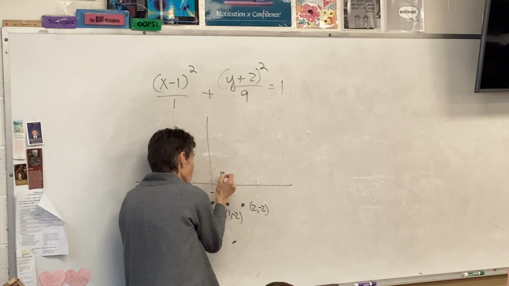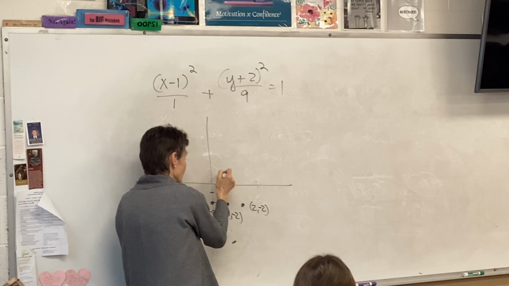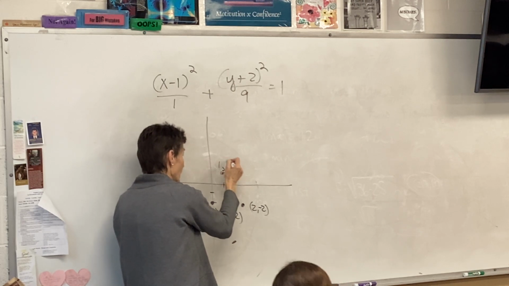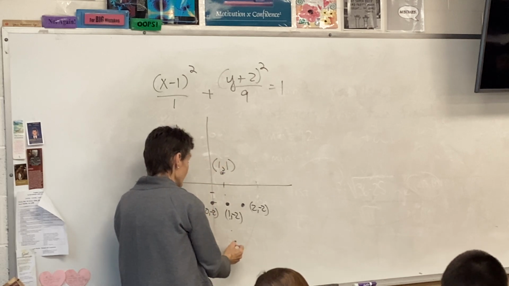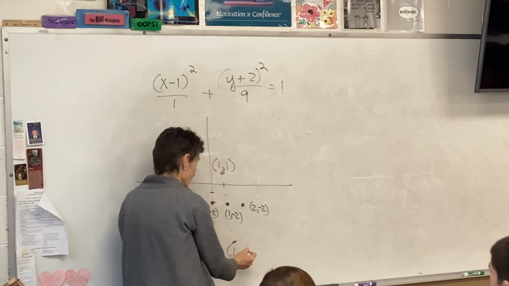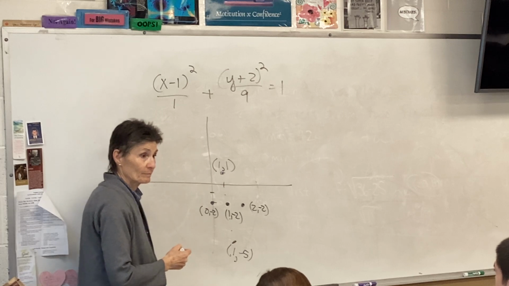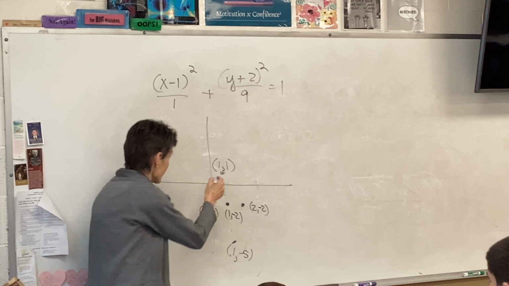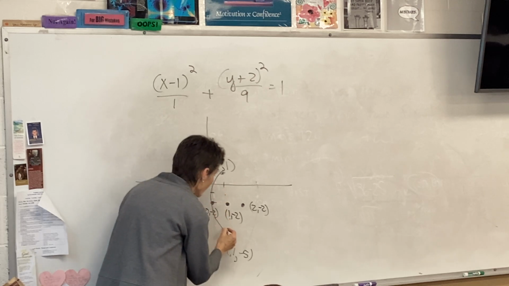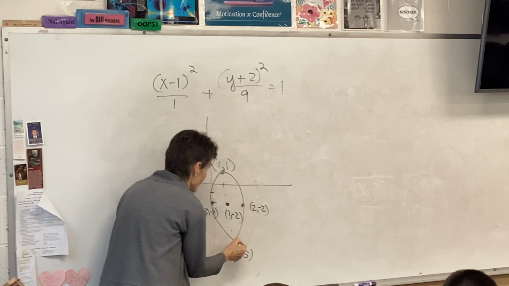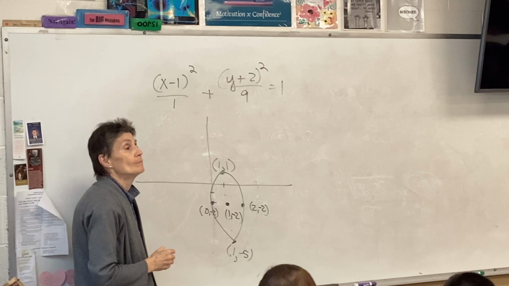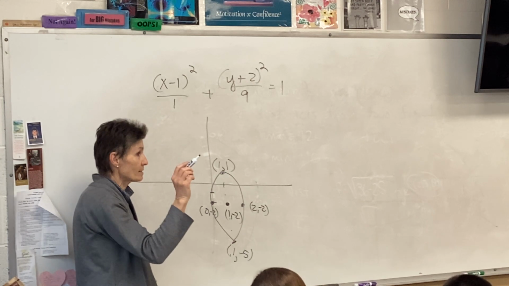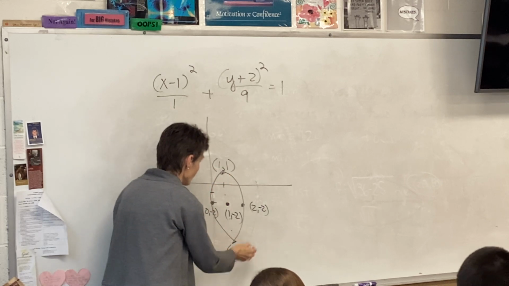What are the coordinates of that point? 1, 1 and 1, -5. Right? Those 4 points are my vertices. So on a test, it will say what are the vertices, and you will write down those 4 points.